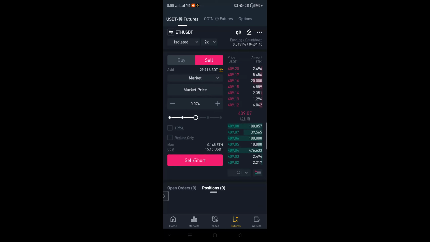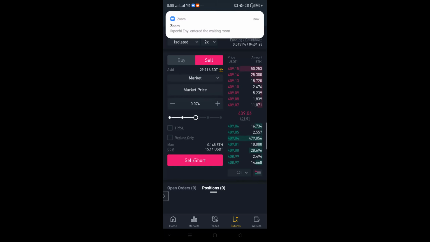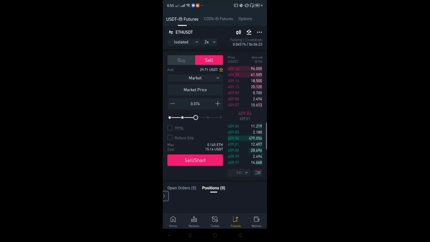In my regular trade, I will never use more than 10%. Don't worry, you might say, okay, 10%, then how am I going to make good profits? Because you are not having only one trade, you get enough trades.